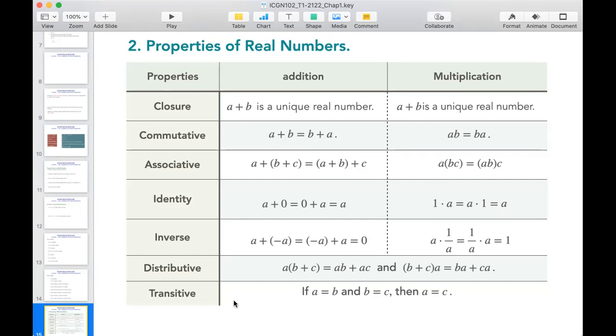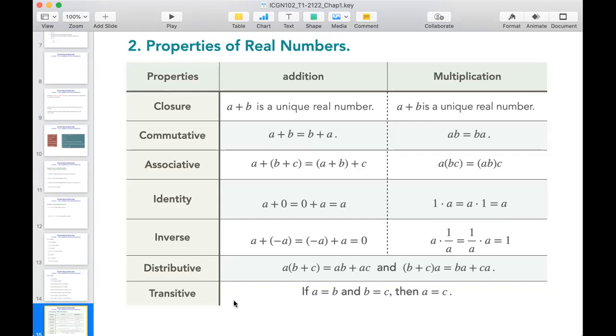In this one, a plus 0 equals 0 plus a equals a. For example, 5 plus 0 equals 0 plus 5 equals 5. Right? So you add 0 to anything, you get that value.